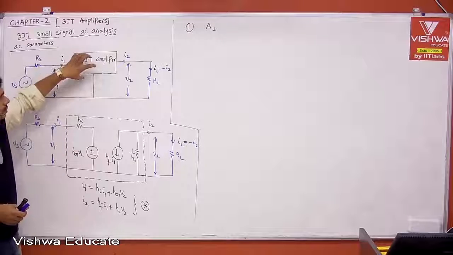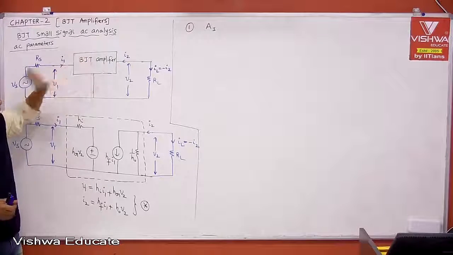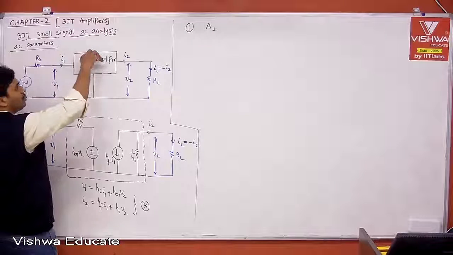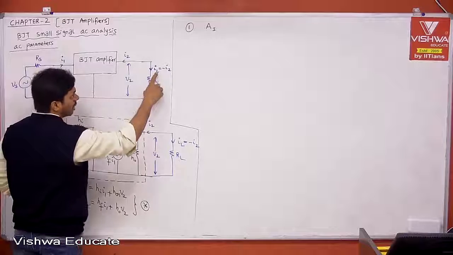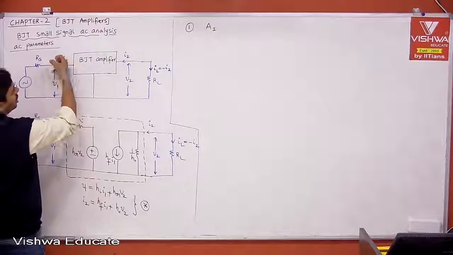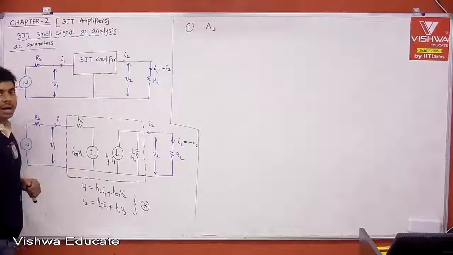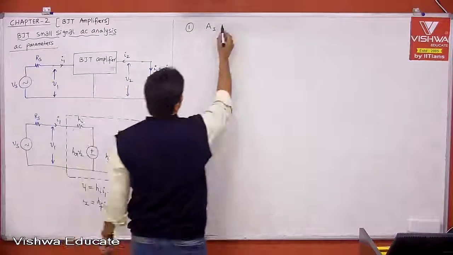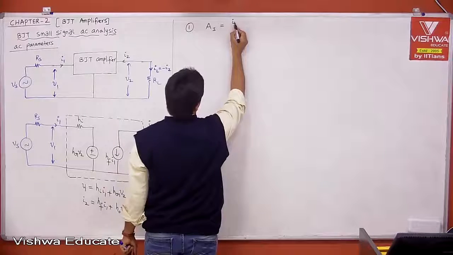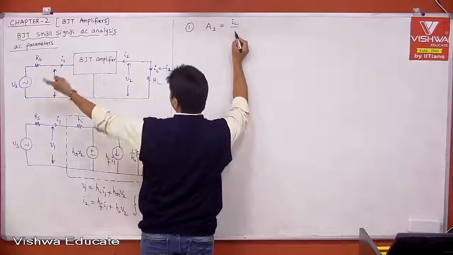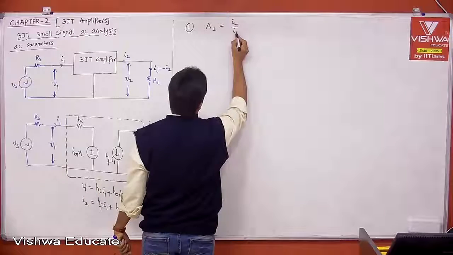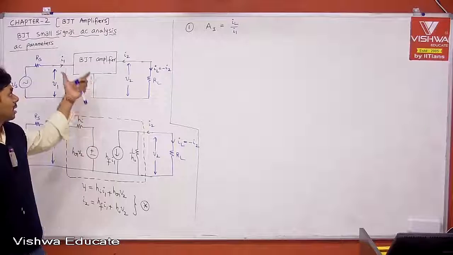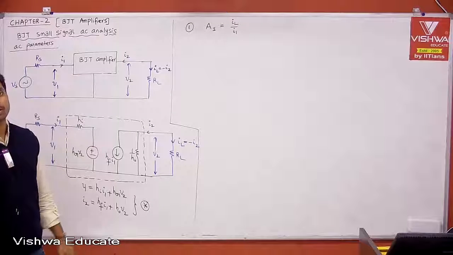Therefore, the current gain is the current entering into the load divided by the current taken from the source, which is I1. This is the current gain of your BJT amplifier.